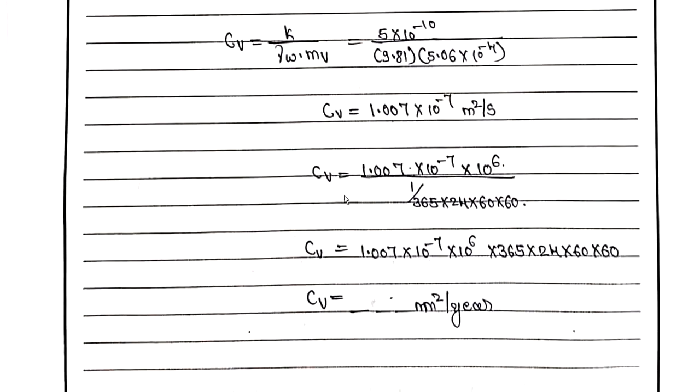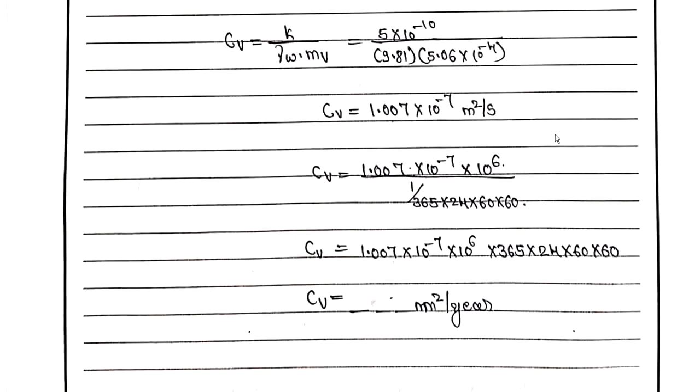Now if I want to convert it, I can convert it to meter square per year, then convert it to mm square. To convert seconds to year, I have to multiply by 365 into 24 into 60 into 60, since it was in the denominator. If I calculate it, it gives the answer in meter square per year.